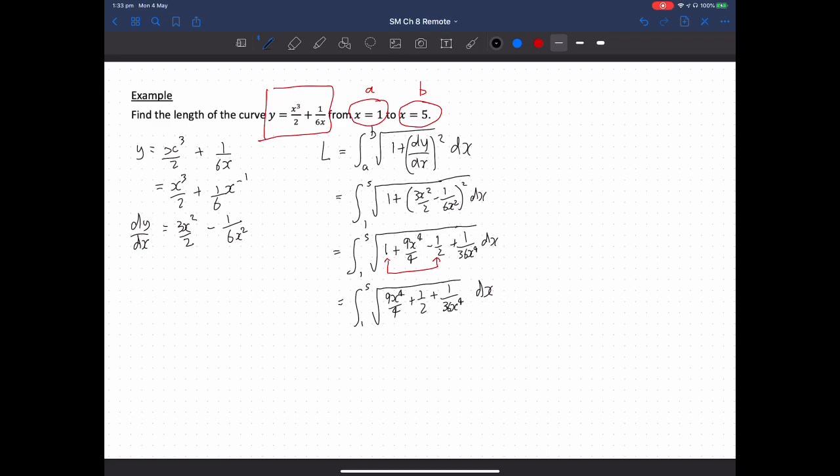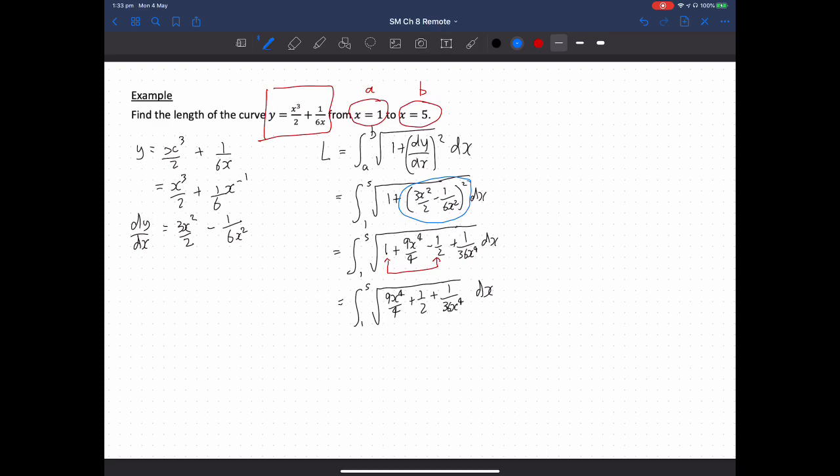Now for some observation. We know what happened when we squared 3x squared on 2 minus 1 over 6x squared. We got a middle term of minus 1 half. When we added the 1 and the minus a half, we got a half.